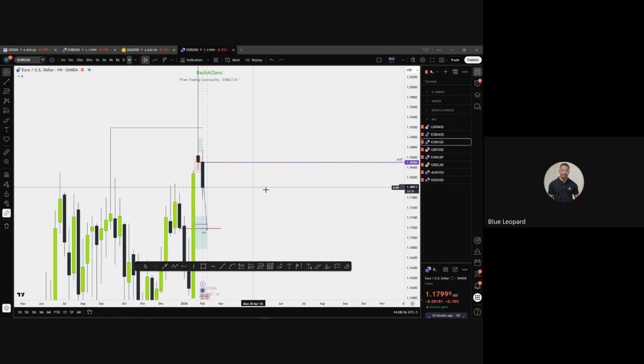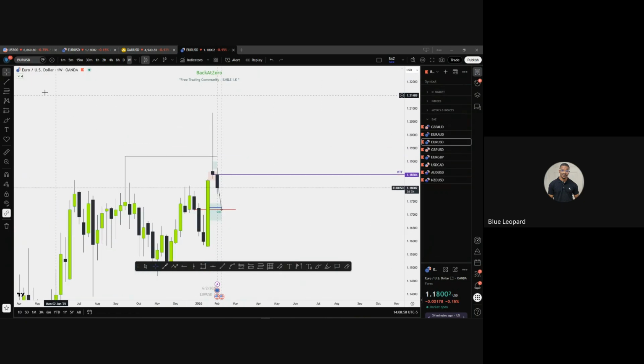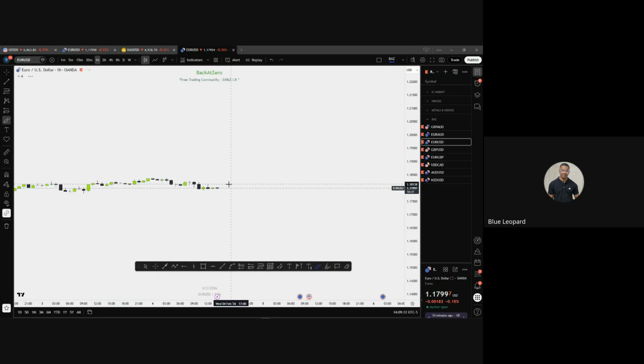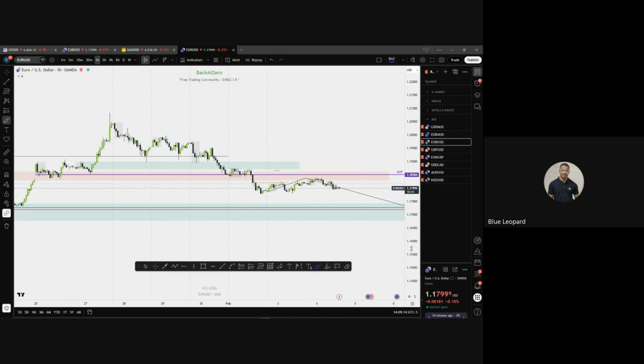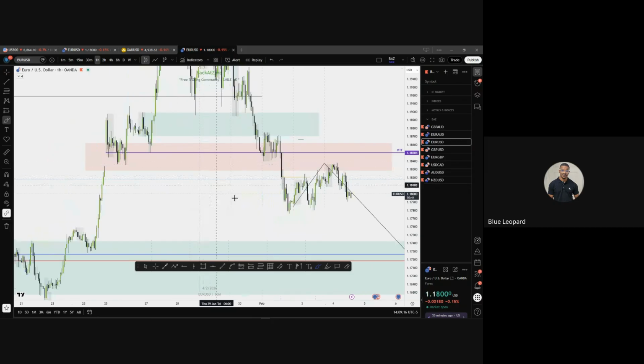How we close on the weekly with this very big wick here, I knew I was expecting to have a bearish week, but the bearish week will start with a bullish move first. But in this case, as we opened with a gap, I was expecting price to come back inside here, touch this level, and then drop. And this is what we had today.